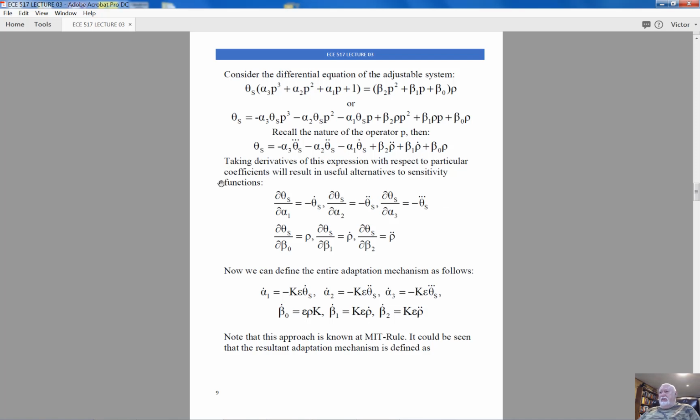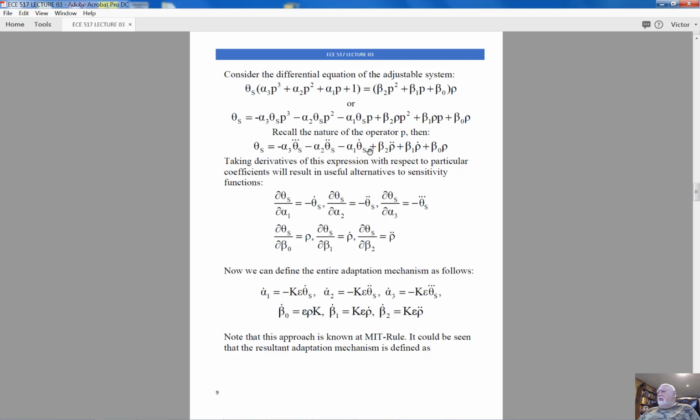So now we have this expression, and what we can do is define the derivative of theta s with respect to parameter alpha 1. Look at this expression. What is it?